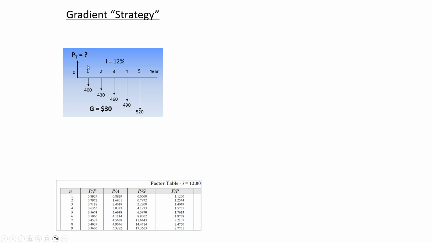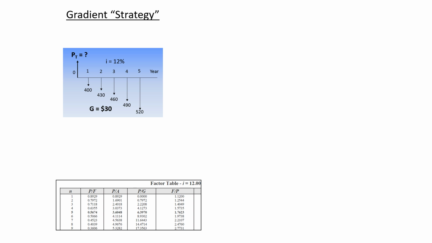If you were going to receive a certain lump sum amount now in the future so that you could pay for these costs over time, where it's 400, then 430, then 460, how much would the amount that you receive at time 0 need to be economically equivalent to this series of 5 distributions over time?